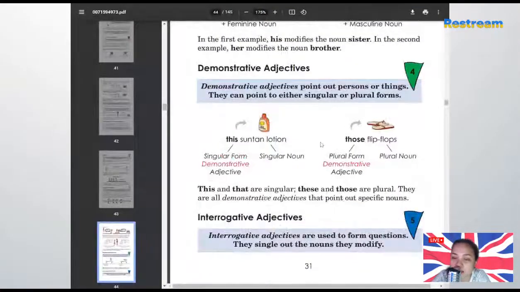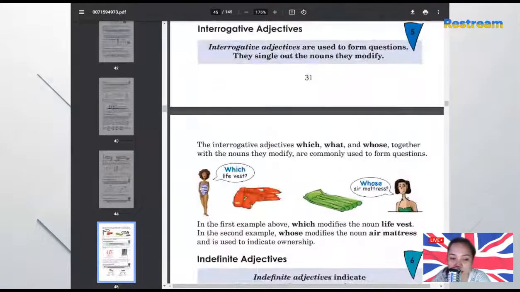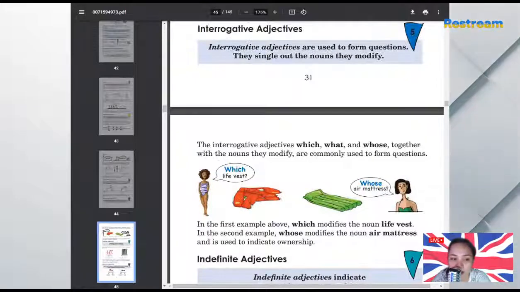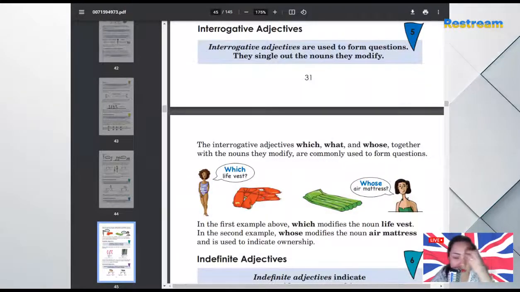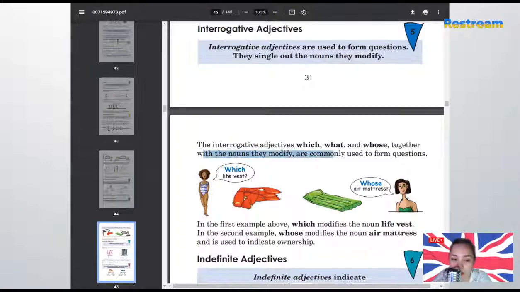So for the last page, we have here the interrogative adjectives, which are using the words which, what, and whose together with the nouns they modify. They are commonly used to form questions.